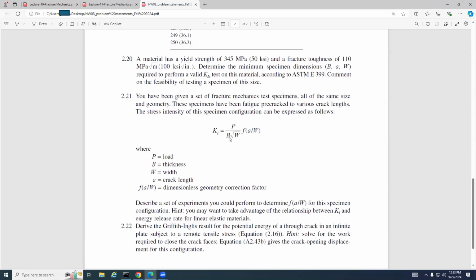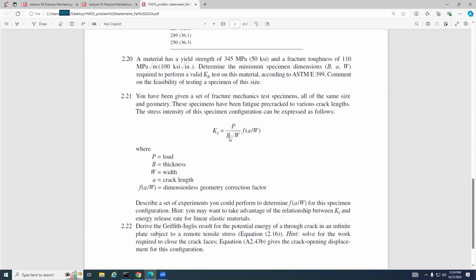This is the effective Young's modulus, and also dC and da over W. So C is the compliance.